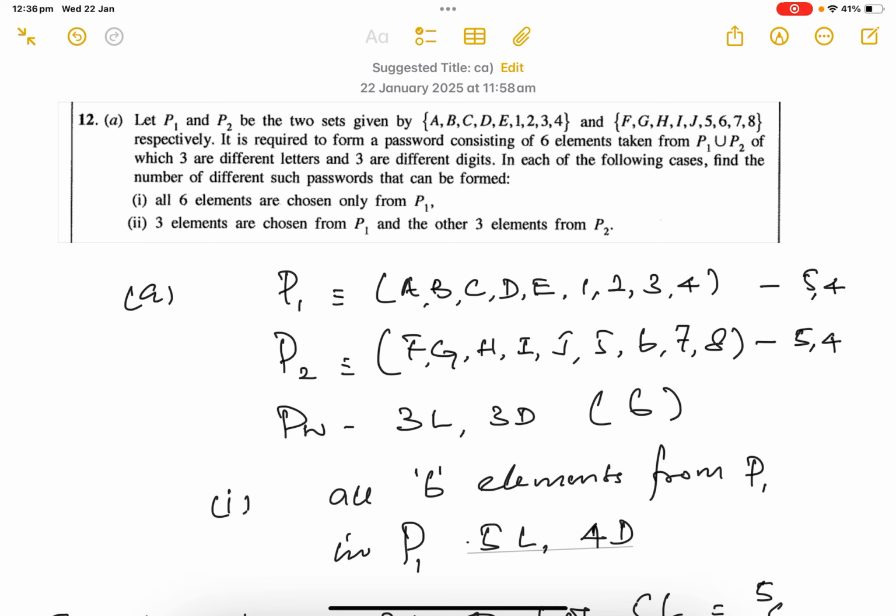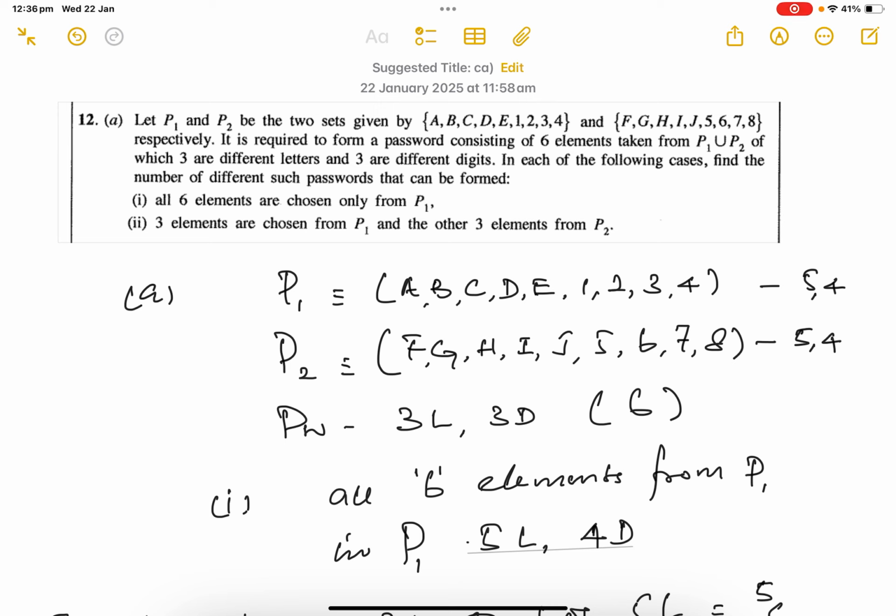In each of the following cases, find the number of different such passwords that can be formed. Question 1: all 6 elements are chosen from P1. Second one: 3 elements are chosen from P1 and 3 from P2.